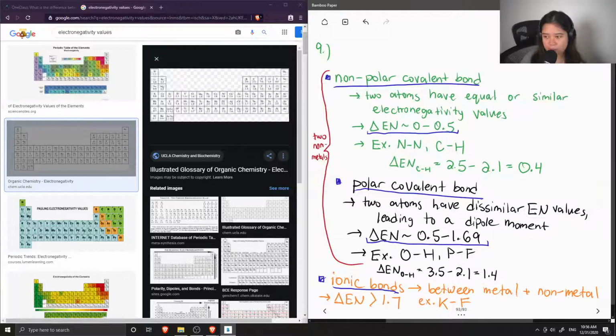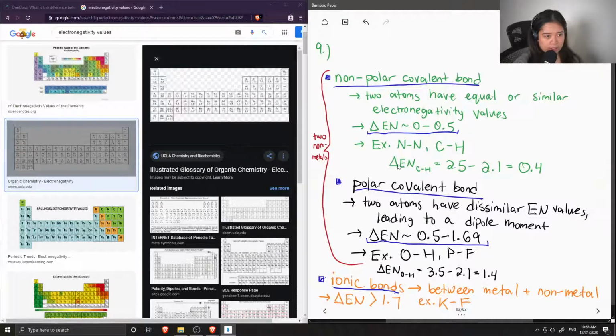So you need to be careful when you calculate the difference in electronegativity of two atoms, because even if it doesn't lie within this range, it all depends on whether it takes place between two nonmetals or between a metal and a nonmetal.